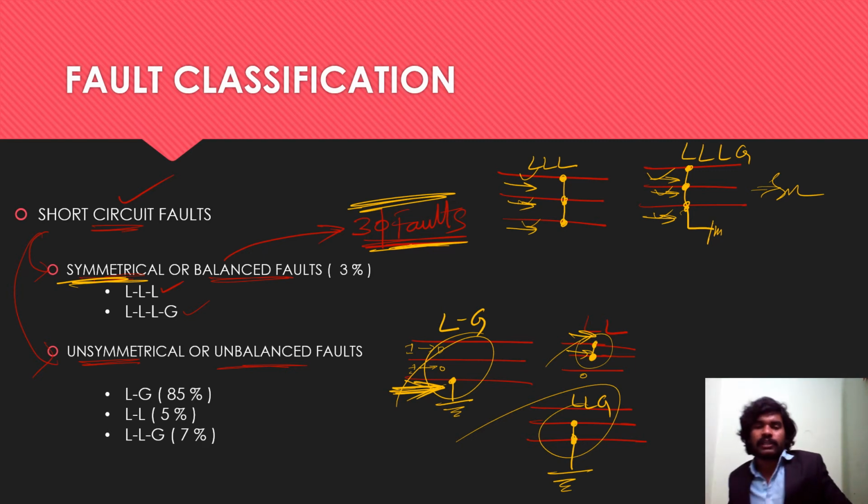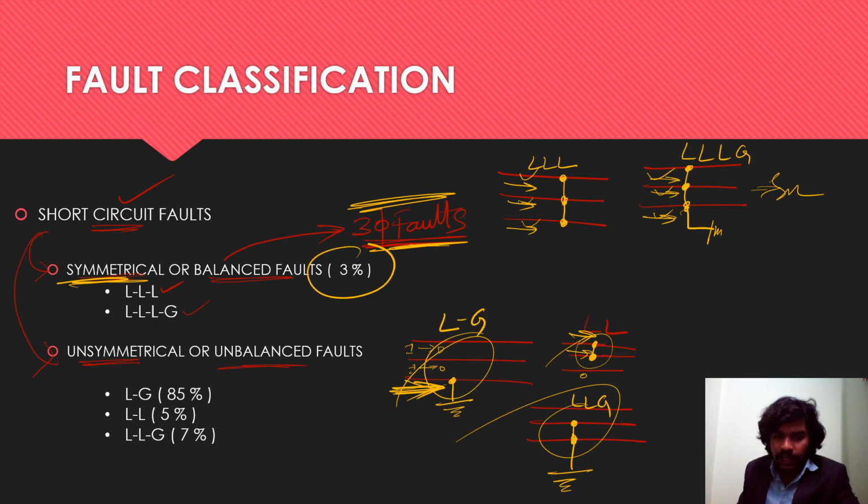Now when we talk about the frequency of occurrence, which fault occurs more, symmetrical or unsymmetrical faults, these percentages are good. Symmetrical LLL or LLLG faults occur more or less equally often, and out of the total number of faults occurring on a power system, they constitute only 3%, very little.